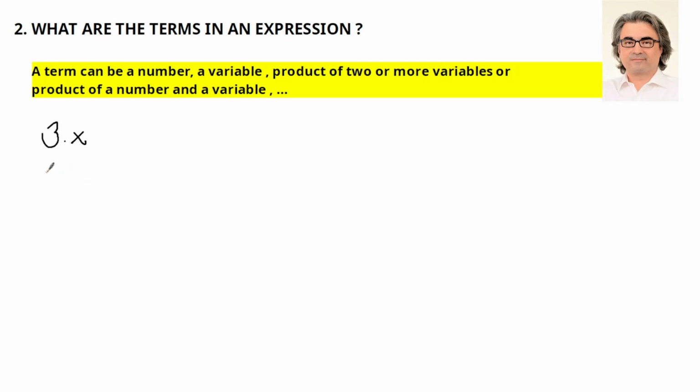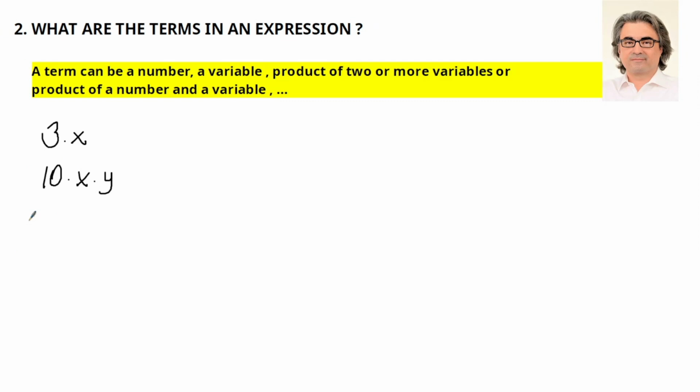The other example, 10 times x times y. Now I have here two variables, x and y, and a number. And the algebraic expression 10xy means 10 times x times y.